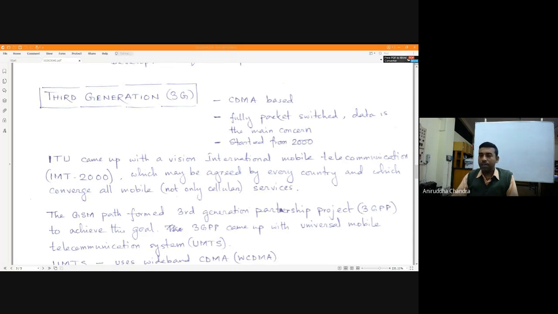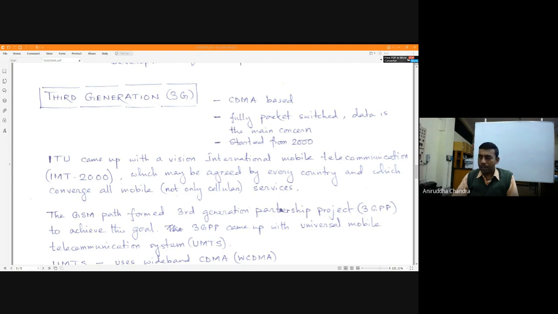But still, in 1G, we realized that only one tower cannot serve a whole city. So we should divide the city into several smaller areas, which are called cells. For each cell, we have a tower. And we can use the same frequency sets in every cell again and again, and thereby we can accommodate a large number of subscribers.